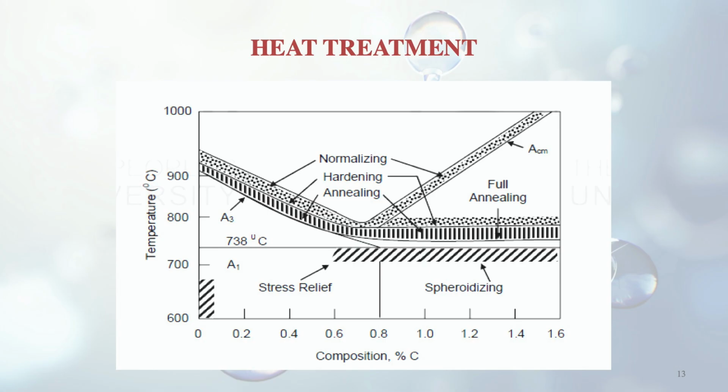And when full annealing is done, it follows the straight horizontal line around 723 degrees centigrade. One more line you can see, the ACM line, that was about the gamma austenite phase where the cementite and the ledeburite were there. From there, if cooling takes place, it follows the ACM line and also comes down to the eutectoid point. These different processes give us different kinds of things.